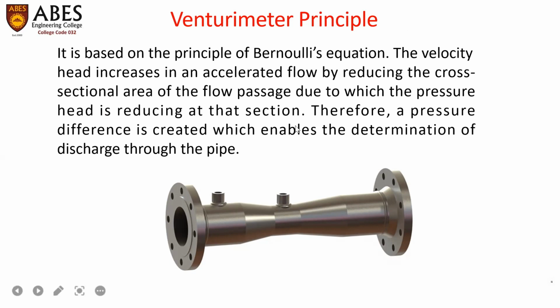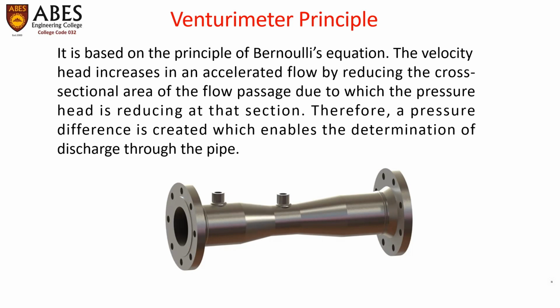According to this principle, the velocity head increases in an accelerated flow by reducing the cross-sectional area of the flow. So here in the converging portion, when the cross-sectional area reduces, the velocity head increases, but the pressure head is reduced, due to the conservation of energy.